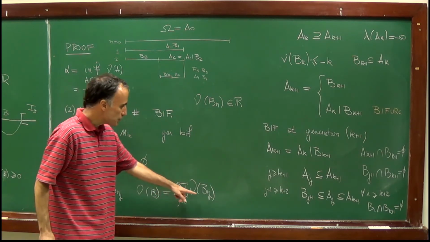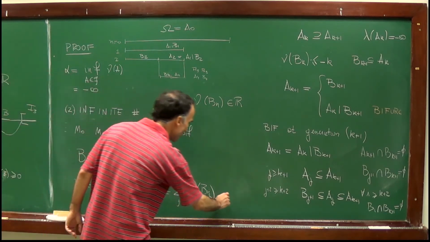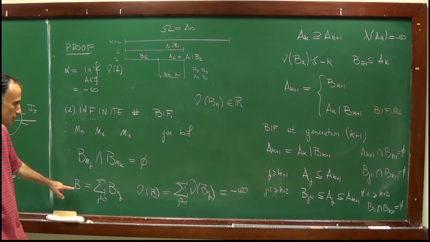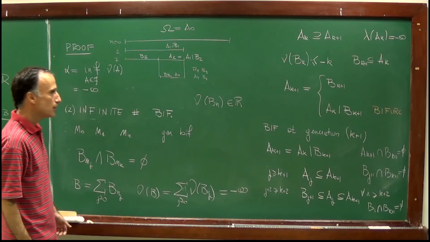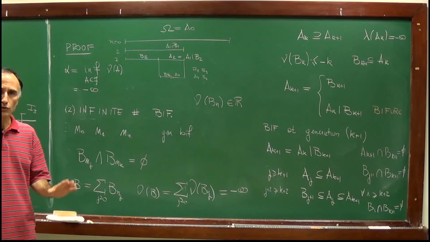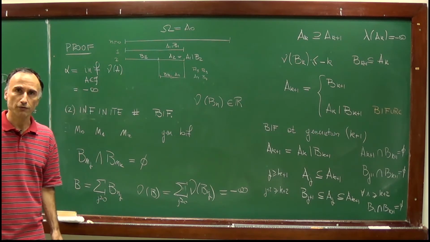Since the measure of Bnj is less than or equal to minus nj, this sum is equal to minus infinity. And again, I obtain a set B such that nu of B is equal to minus infinity, which is a contradiction. And therefore, this proves that alpha cannot be equal to minus infinity, because if it were, there would exist a set B whose measure is equal to minus infinity. So this completes the proof of the first step of the theorem.